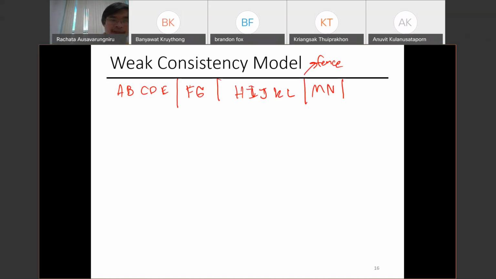Is it okay if processor 1 observes something like A, B, F, C, D, E, G, H, I, J, K, L, M, N? Is it okay to have the F coming here?